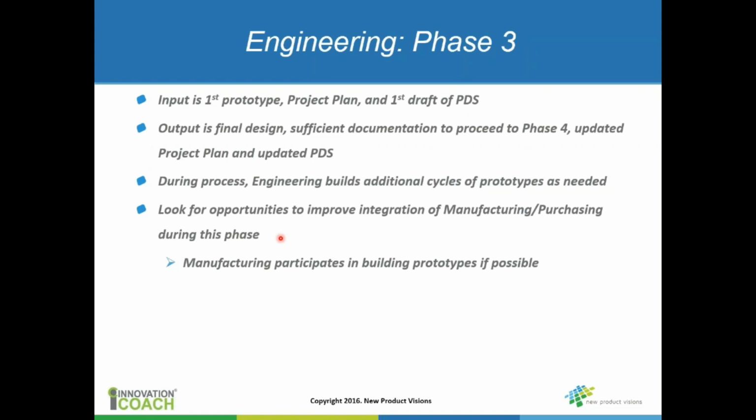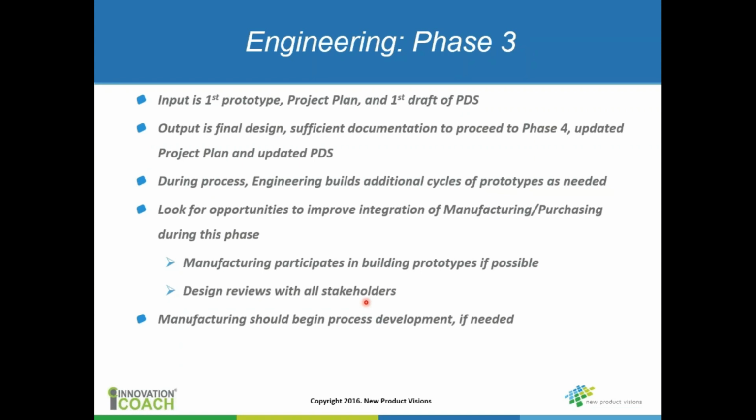And so it's a little different, but again, you can incorporate that into your thinking in terms of how you define the phase gate process. And of course, there are going to be lots of design reviews with all the stakeholders, and we'll talk about design reviews here in a minute. And then really in this phase, if it is a manufactured product, then it's also during this phase that manufacturing is going to be looking at the process.